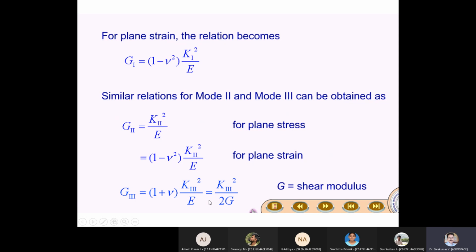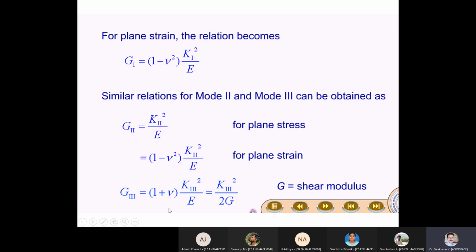For mode 3, G3 equals K3 square by 2G. Here you can see G will come. Why is G coming? It's the shear modulus, because it is the tearing stress, dominated by G. Modes 1 and 2 are dominated by Young's modulus because it's a slip and mouth opening, so E is sufficient to model.